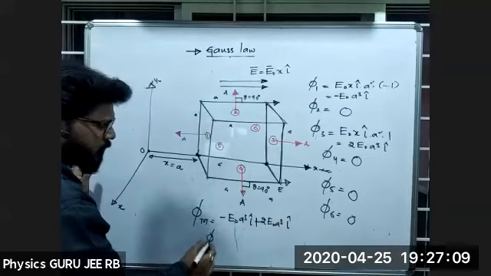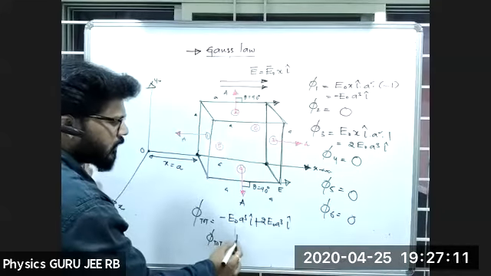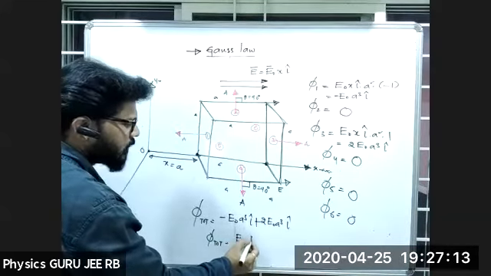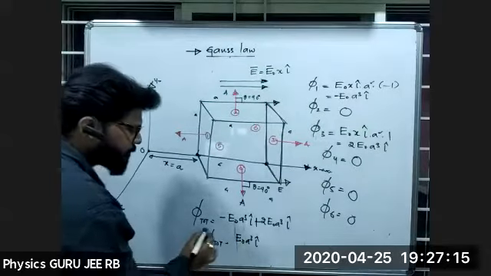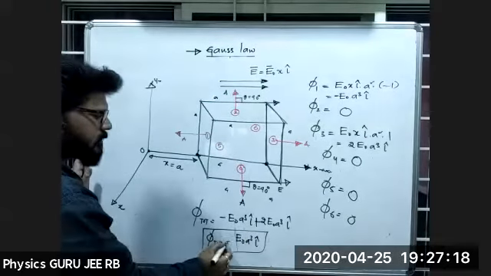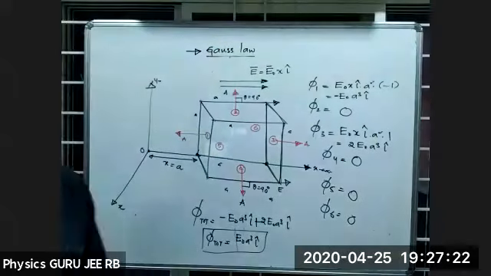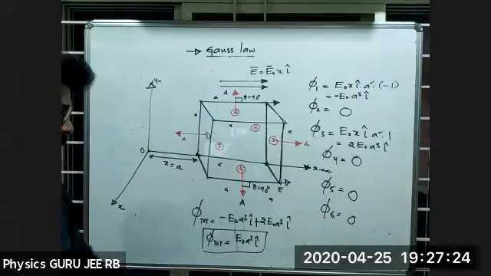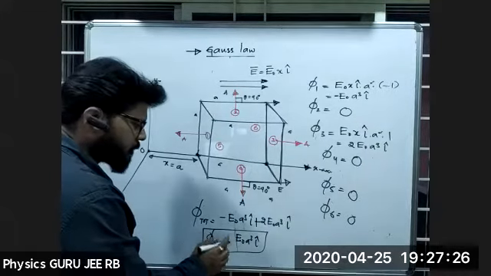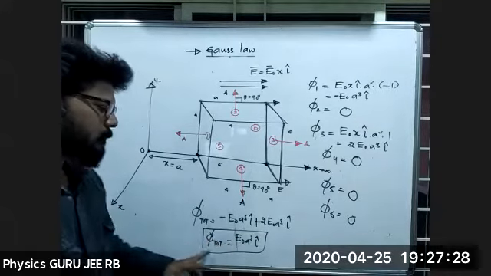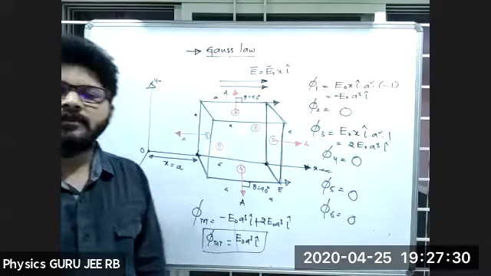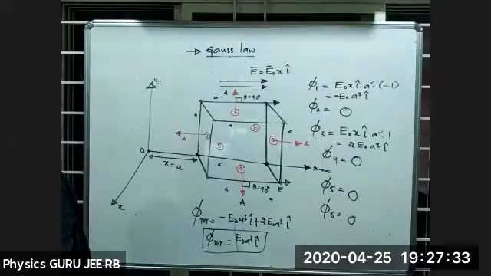So the total flux is E naught a cube I cap. Is it fine? So it is not 0 now.